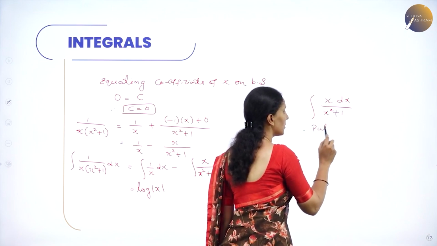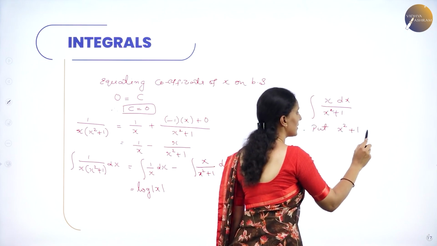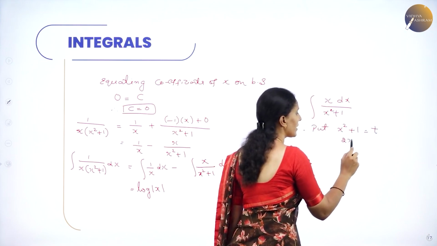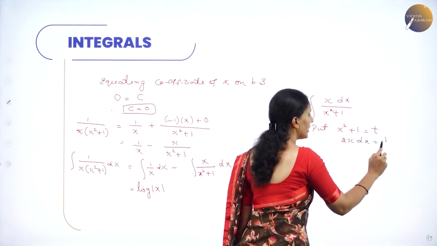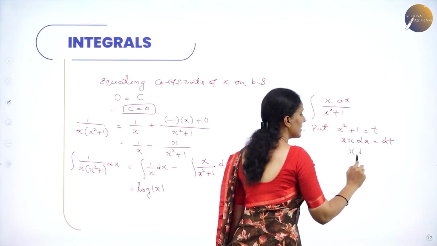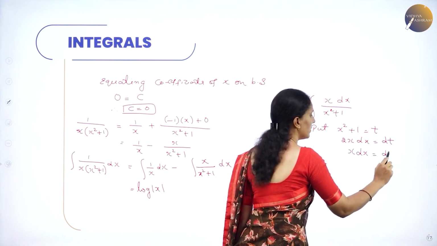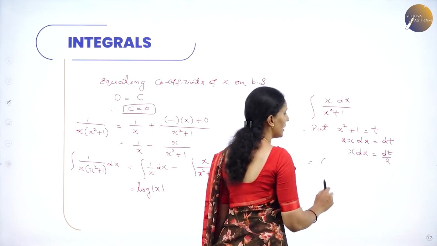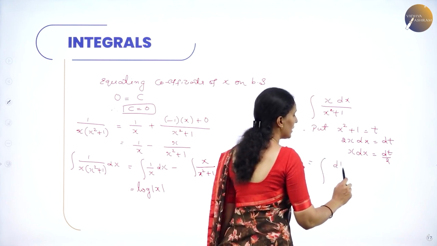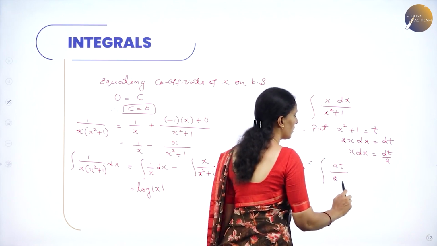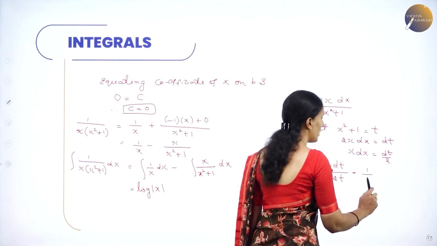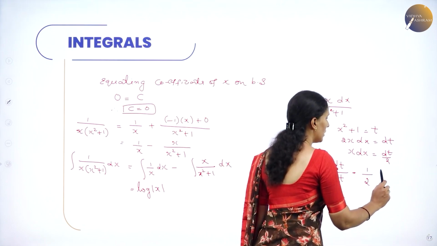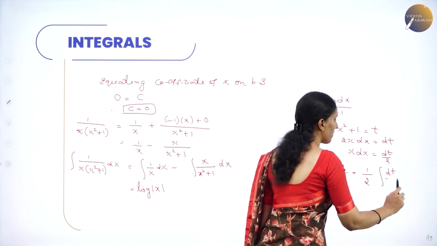Put x square plus 1 is equal to t. Then 2x dx is equal to dt, or x dx is equal to dt by 2. So this becomes the integral of dt divided by 2 into t, which we can write as 1 divided by 2 into dt by t.